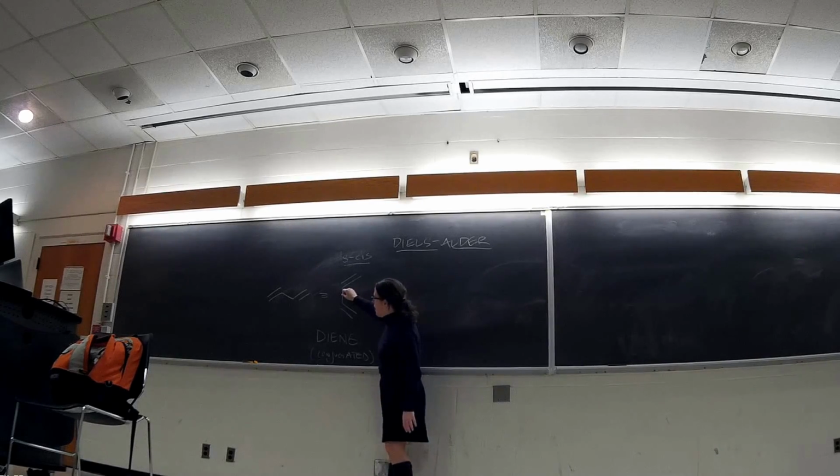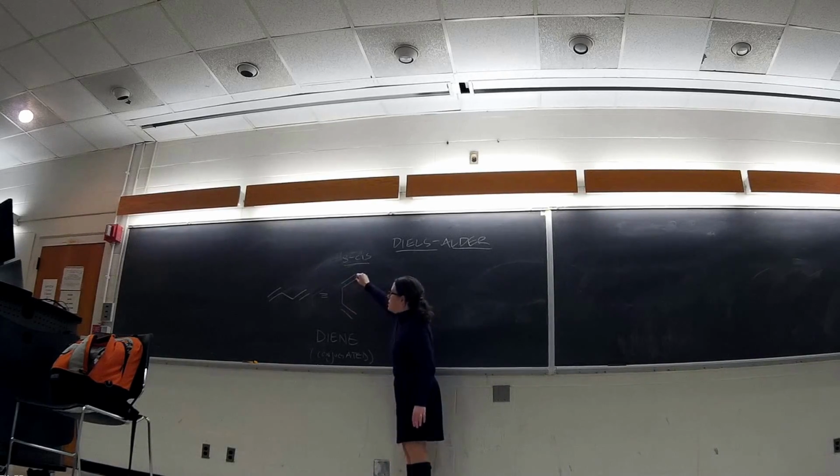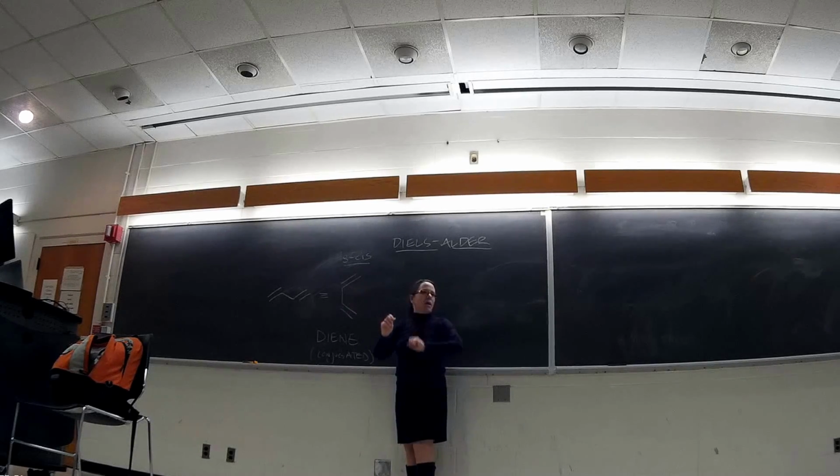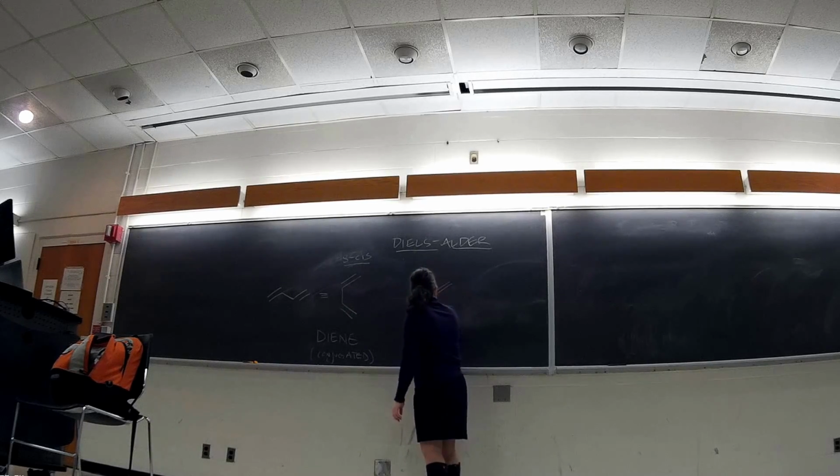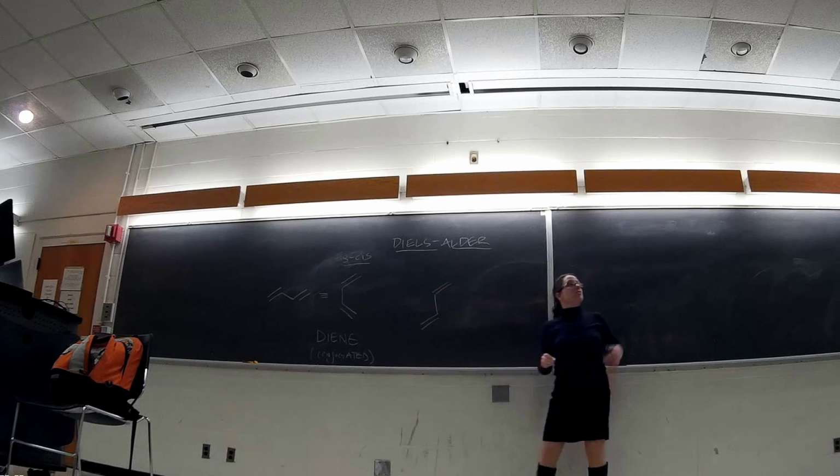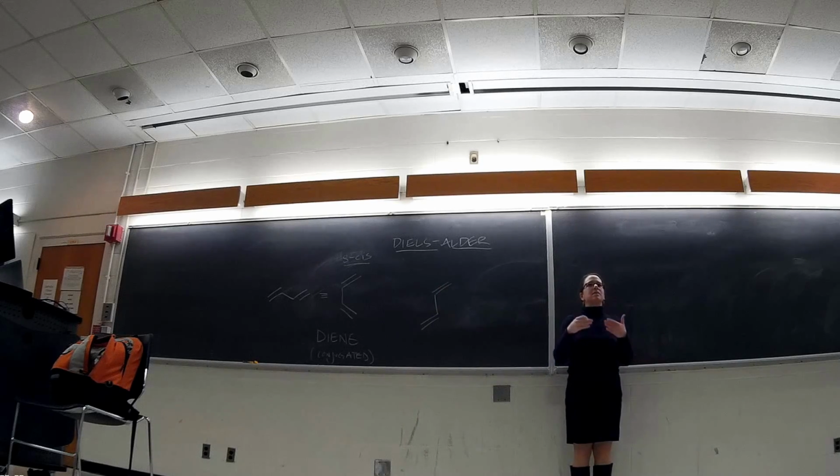Okay, so this is my sigma bond, and my two alkene units that flank that sigma bond are pointed to the same side. This here is what we would say is S-trans, right? That's a sigma bond whose two alkene units point to opposite sides. S-trans molecules do not undergo Diels Alder reactions.